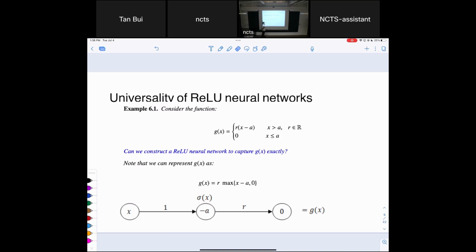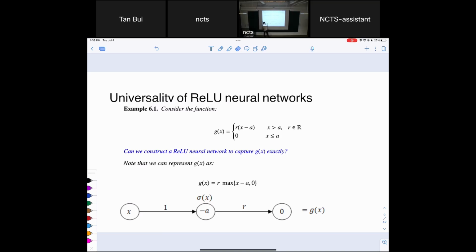By the way, this is the usual way to denote a neural network. Each neuron, conventionally, you put the weight on each connection and you put a bias on each neuron. Okay, so this is the bias for this neuron. This is the weight connecting from the input to here.